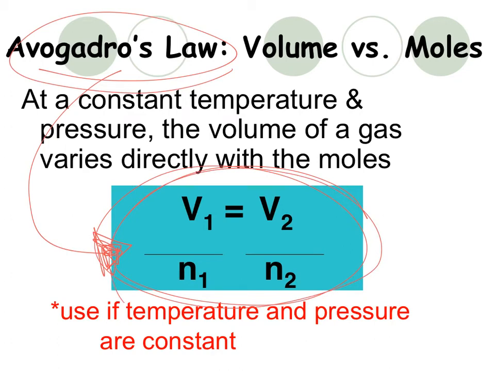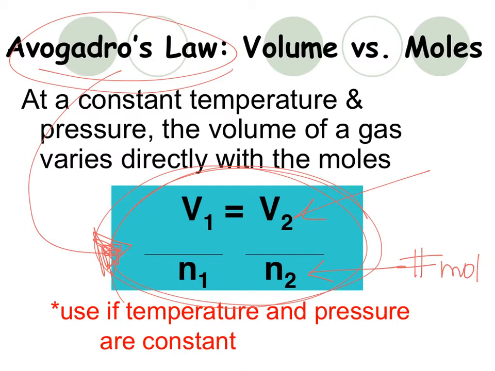So all I need you to know is this. N is new. You don't know what that is. It stands for the number of moles. So what Avogadro's law is saying is if I give you a whole bunch of moles of gas, you're going to need a bigger balloon to hold all of those moles. That's it. And so if the number of moles goes up, the container needs to get larger.